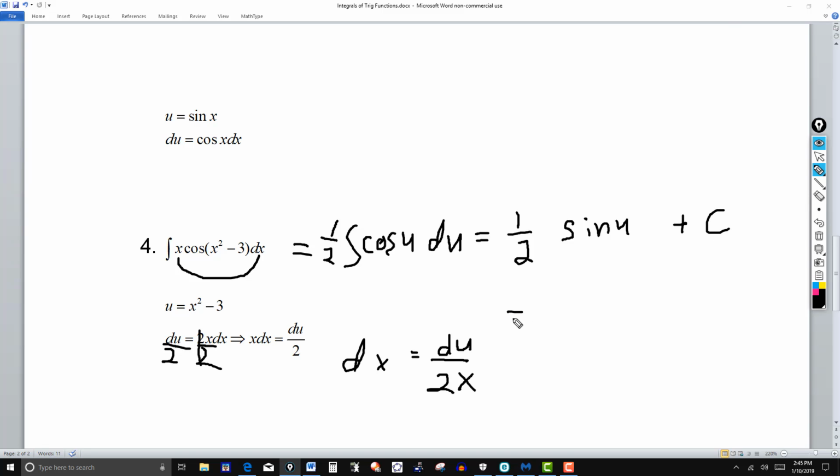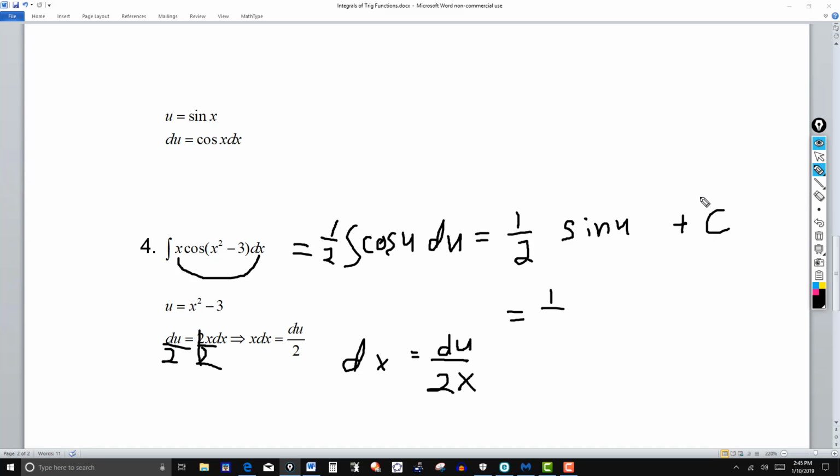Now notice I have the 1/2 right here, so when I integrate, I actually get sine of u plus a constant. So c is multiplied by 1/2, but 1/2 times c is still a constant. So I add the constant at the end over here. I don't want to put 1/2 c. It's still the same answer. I just put c here.